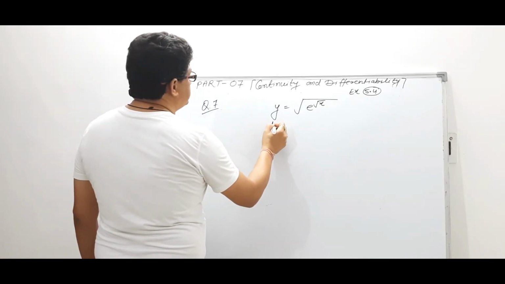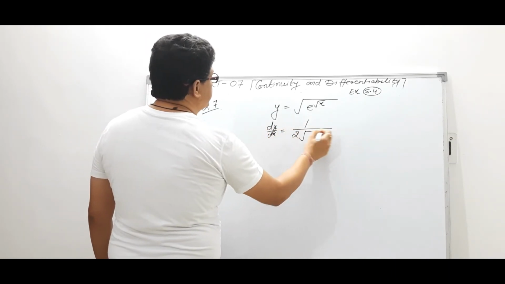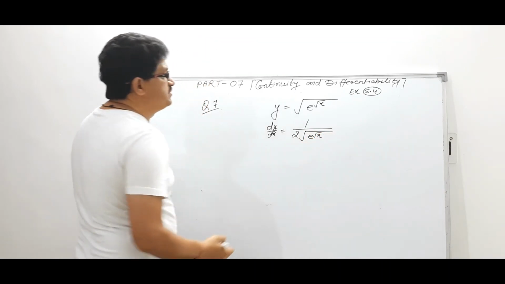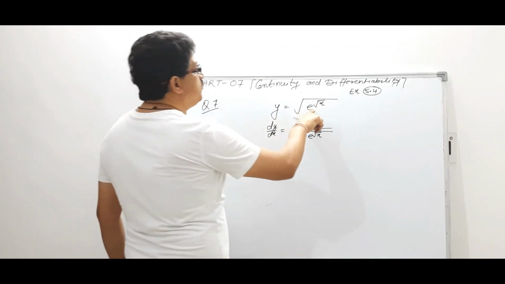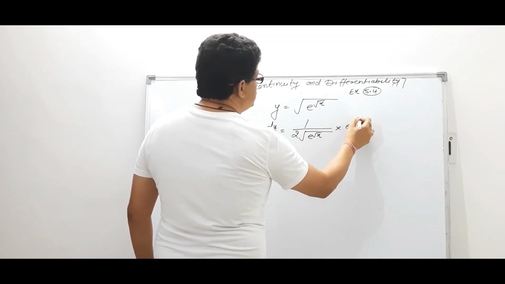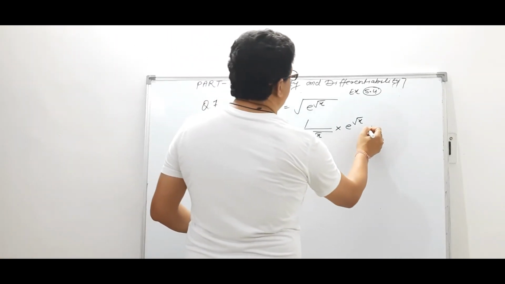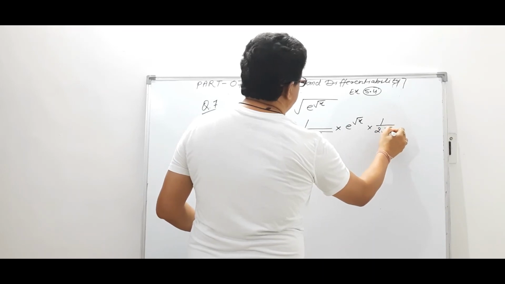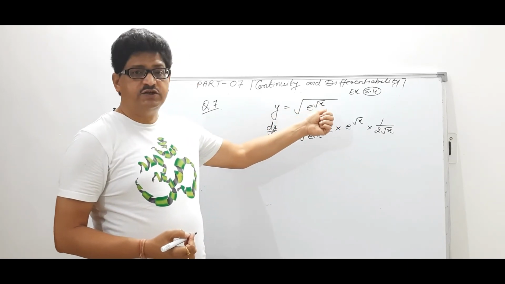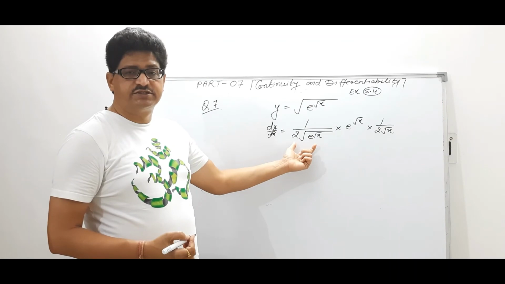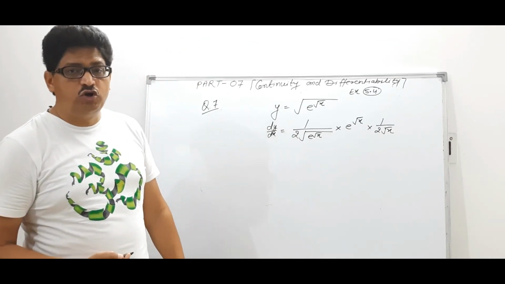So dy by dx is equals to 1 upon 2 root x. पहले डिफरेंशिएशन होगा रूट का 1 अपॉन 2 रूट, फिर होगा e रूट x का, e रेज टू रूट x का होगा e रेज टू रूट x, एंड रूट x का होगा फिर 1 अपॉन 2 रूट x. अगेन जैसे फर्स्ट वी हैव रूट e रूट x, तो पहले स्क्वायर रूट फंक्शन का करेंगे 1 अपॉन 2 रूट, फिर e रूट x का करेंगे e रूट x, और रूट x का हो जाएगा 1 अपॉन 2 रूट x.